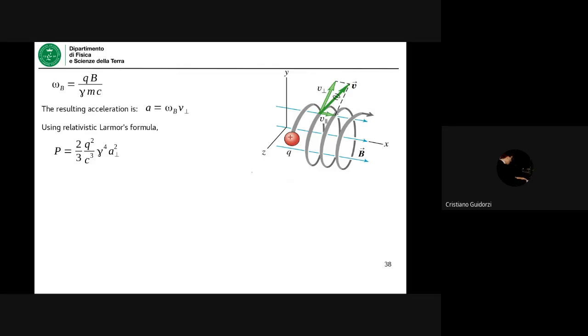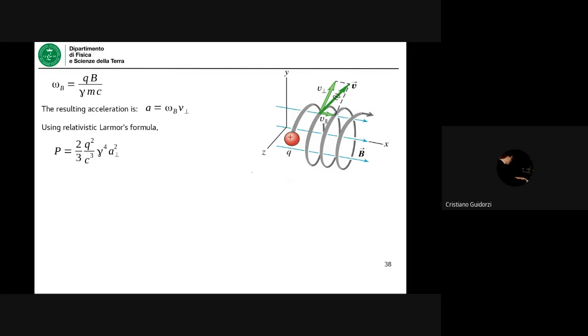So if we want to calculate the total power emitted, or lost, by the charged particle, it's just a matter of using Larmor's formula, of course paying attention to the relativistic case. If you remember the relativistic formula of Larmor, it's important to understand both components of the acceleration with respect to velocity.